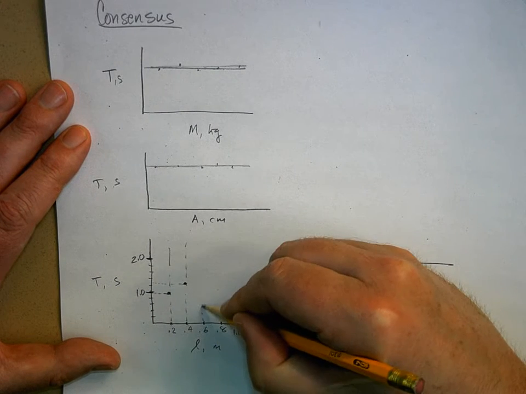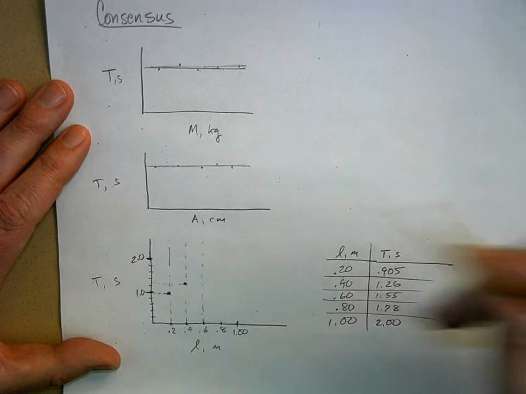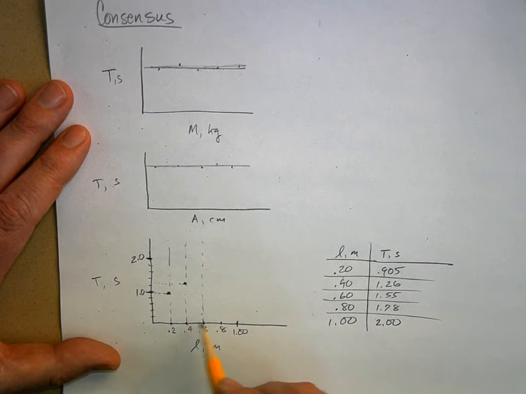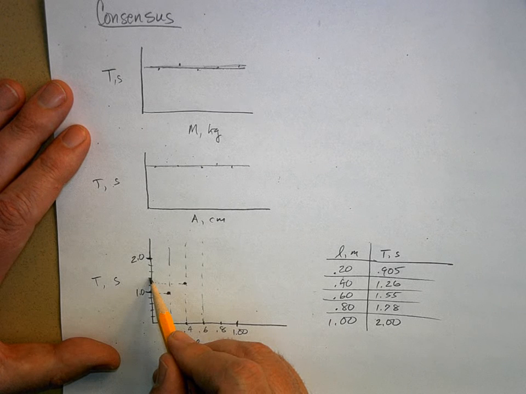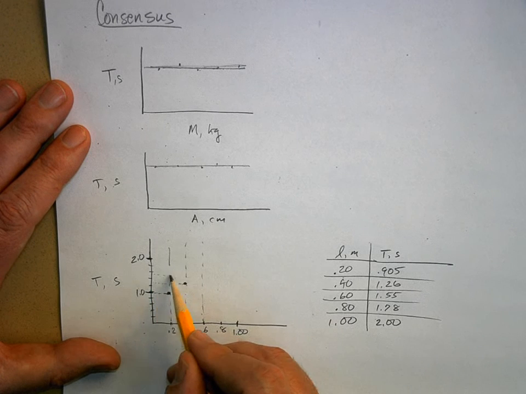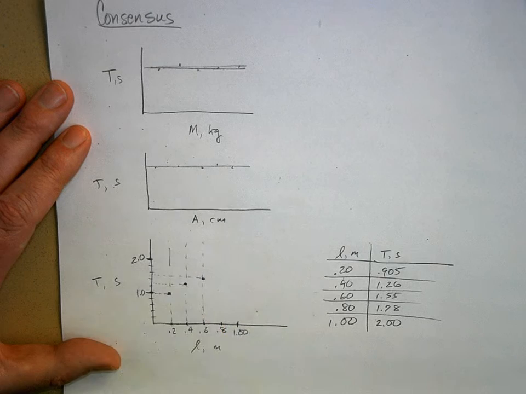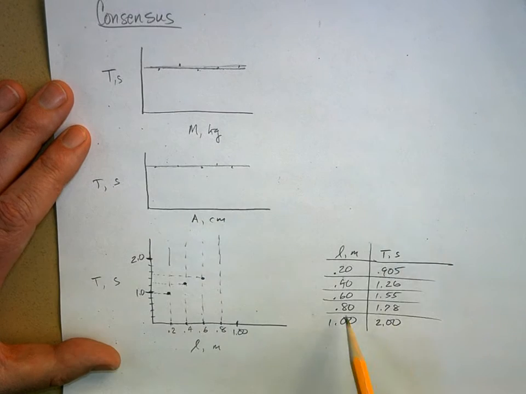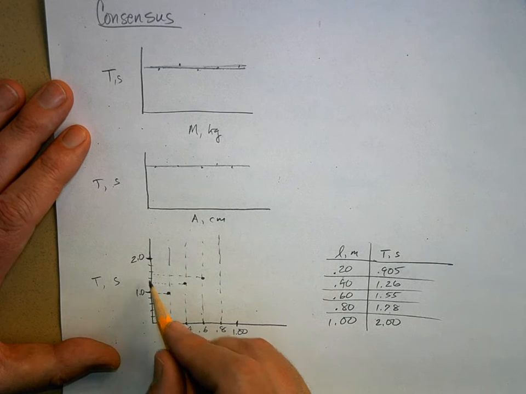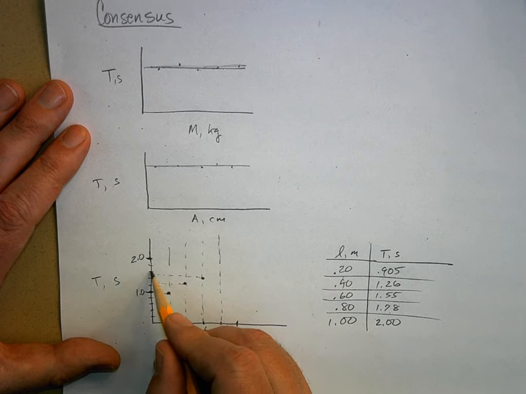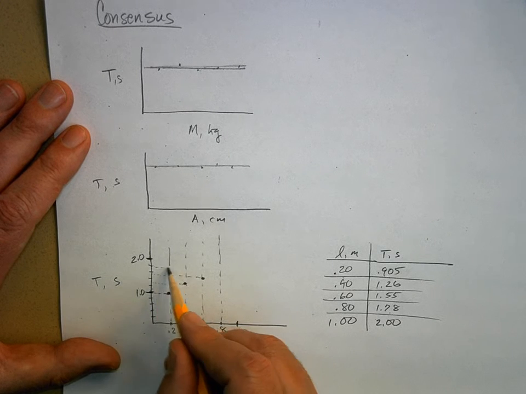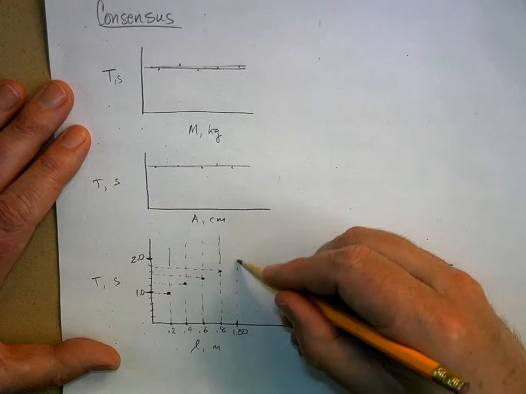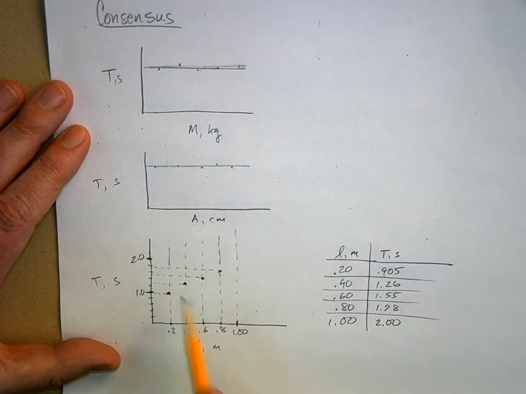This is good data. And then at 0.6, it's 1.55. So 1.2, 1.4, 1.55 would be right about here. At 0.8, it's 1.78, somewhere around in there. And then at 1.0, it's 2.